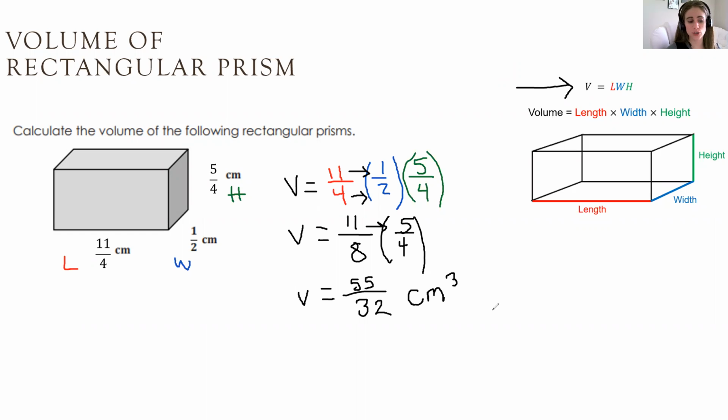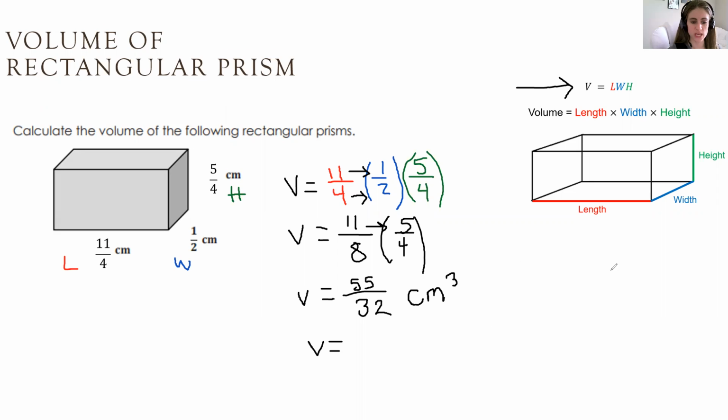The first thing I do to simplify, or sometimes you hear it called to reduce the fraction, is see if we can divide those. 55 and 32 is not going to divide evenly, so I'm not going to reduce and just get a beautiful whole number. We are going to need to convert this to a mixed number.